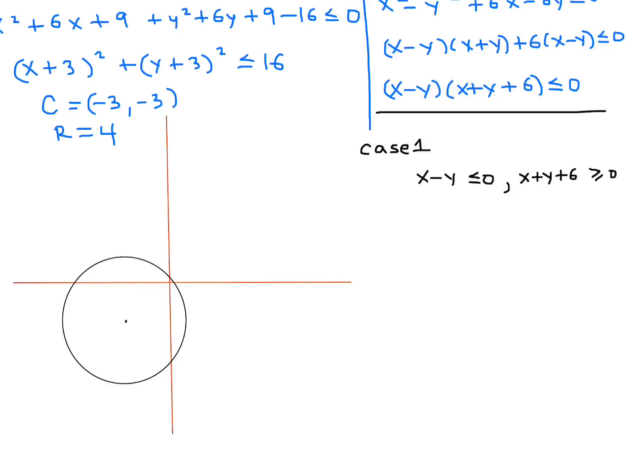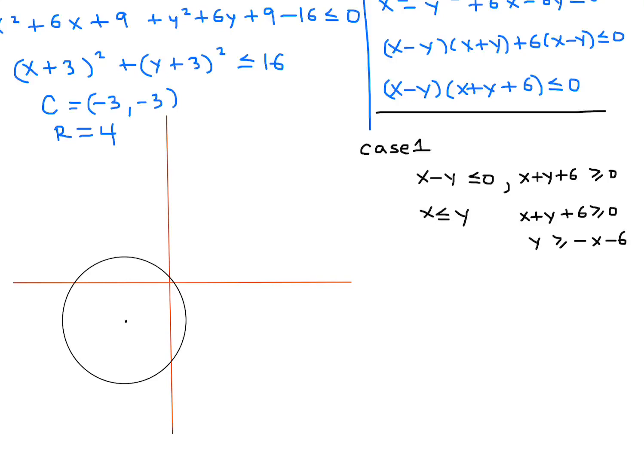Okay, so that means that x is less than or equal to y, and x plus y plus 6 is greater than 0. We can isolate for one variable here. Let's isolate for y. Y is greater than minus x minus 6.